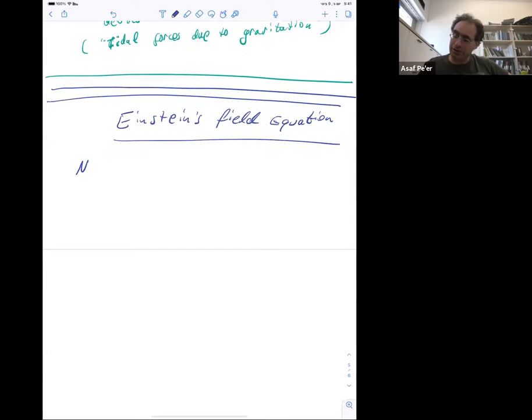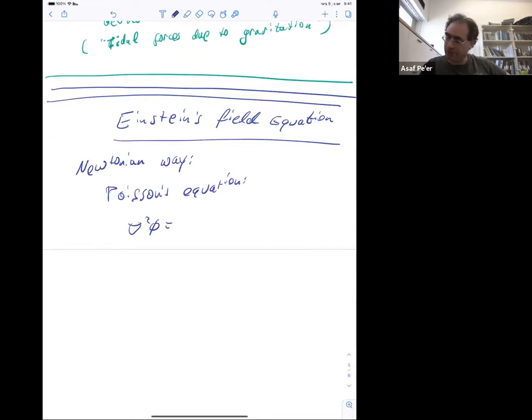The Newtonian way is the Poisson equation: the Laplacian of phi, ∇²φ, equals 4πGρ. Here rho is the mass density, and phi is the potential.